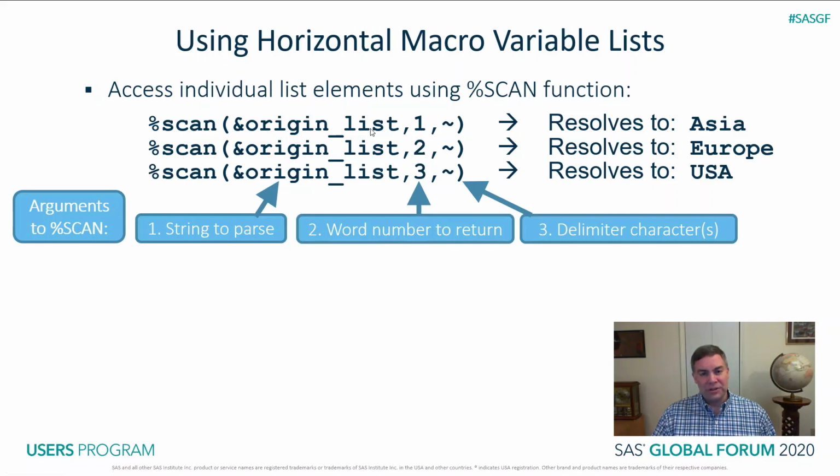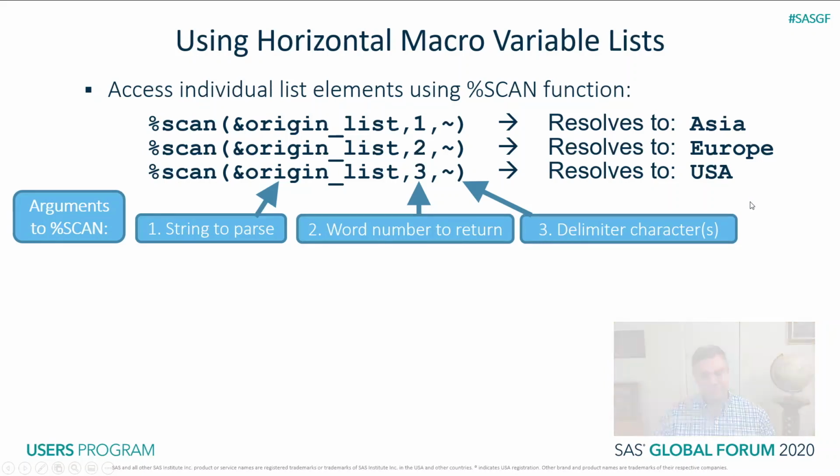So when you use the tilde as a delimiter, then the first word is just Asia. So when the macro processor sees %scan origin list 1 tilde, it's going to resolve that to simply Asia. When it sees %scan origin list 2 tilde, it's going to resolve that to Europe. That's going to happen during macro processing, meaning that all that the SAS is ever going to see is just the word Asia or the word Europe or the word USA.